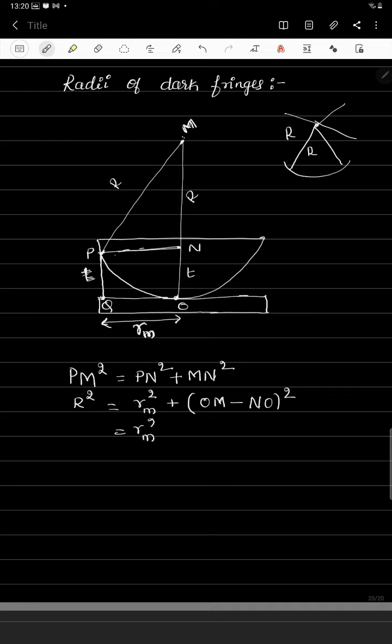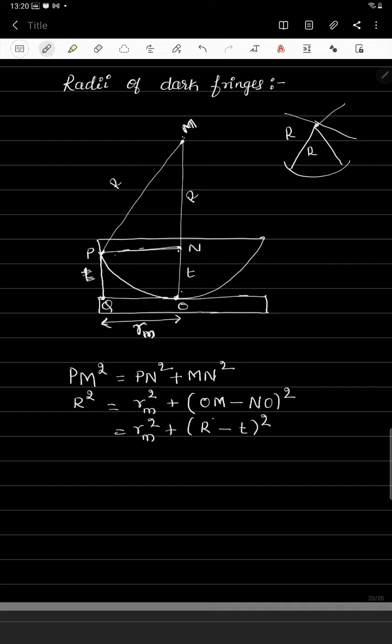This will be r_m square plus OM, which is nothing but the radius of curvature from this surface to the center, that is equal to capital R, minus this NO, which becomes equal to T. If PQ is the thickness of the air film, then the same distance from N to O will be there, that I can write as small t, whole square.